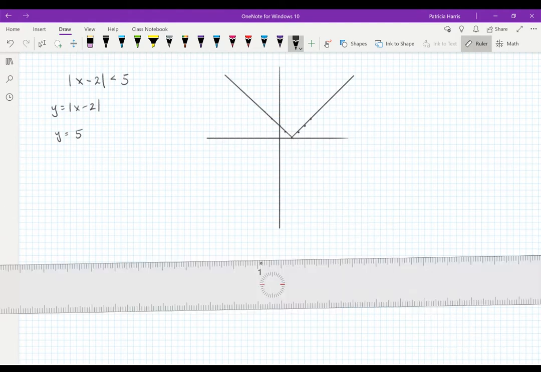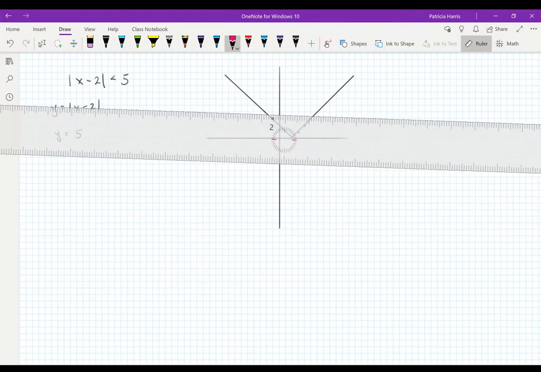Okay, so there's my first graph. There's the absolute value graph. And now I'm going to graph y equals 5.